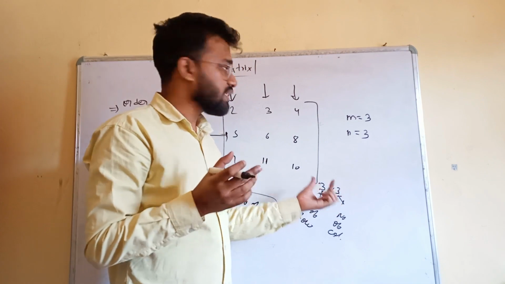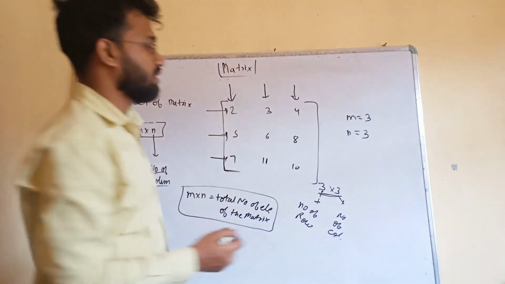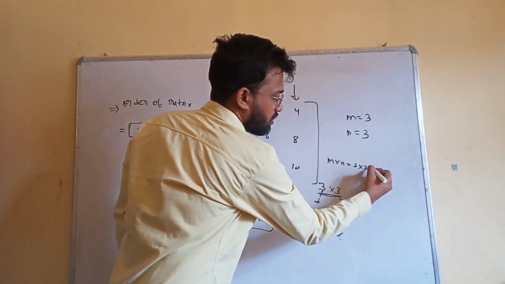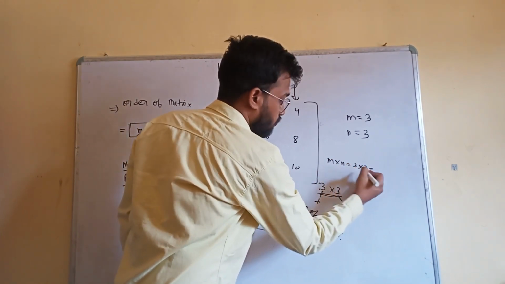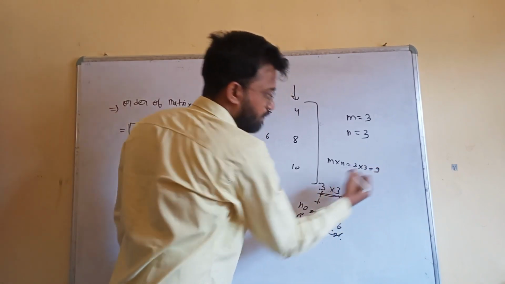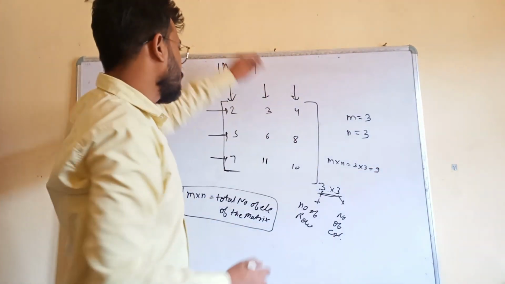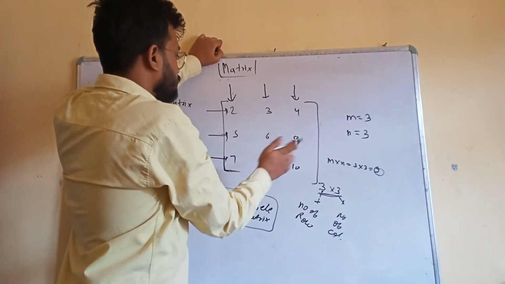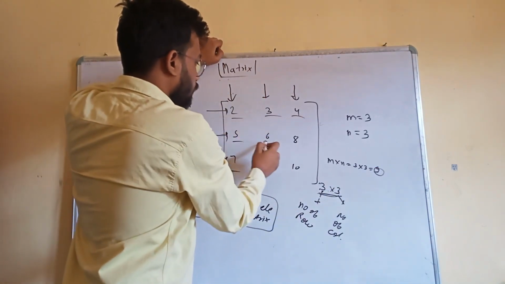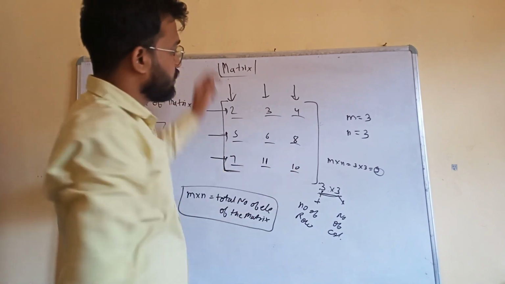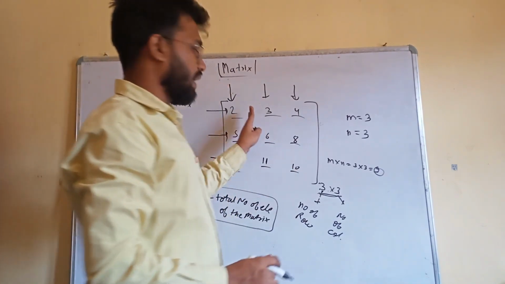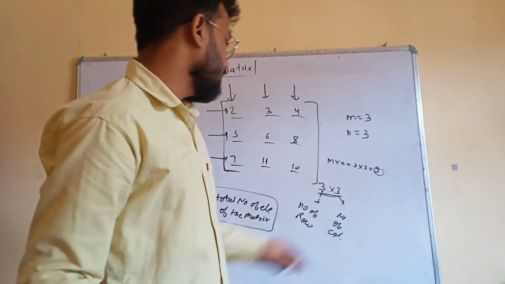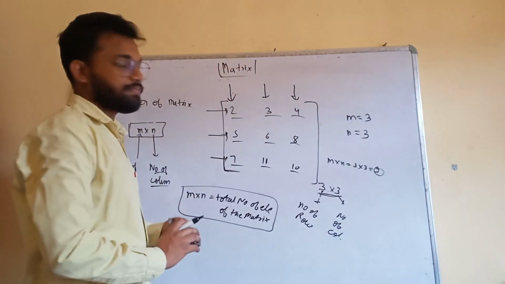That value will be representing how many elements this matrix has. 3 times 3 is 9. So it is representing the number of elements that this matrix has. So let's count: 1, 2, 3, 4, 5, 6, 7, 8, 9. See, this matrix has 9 elements, and we are getting 9 here also. So it is representing the number of elements if you multiply m cross n.